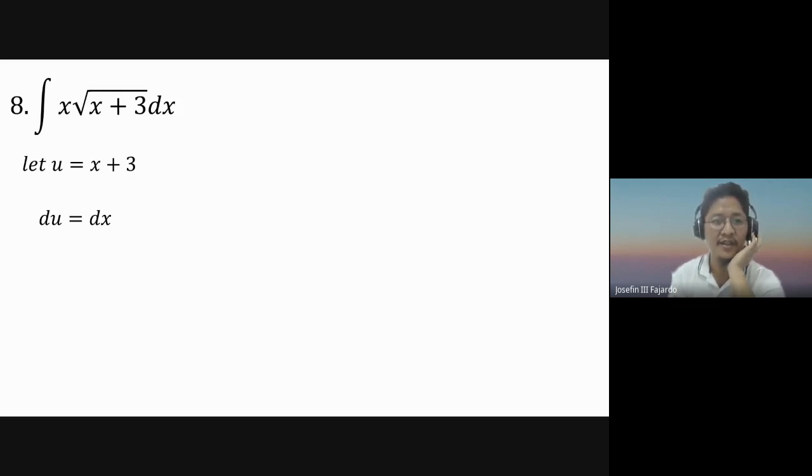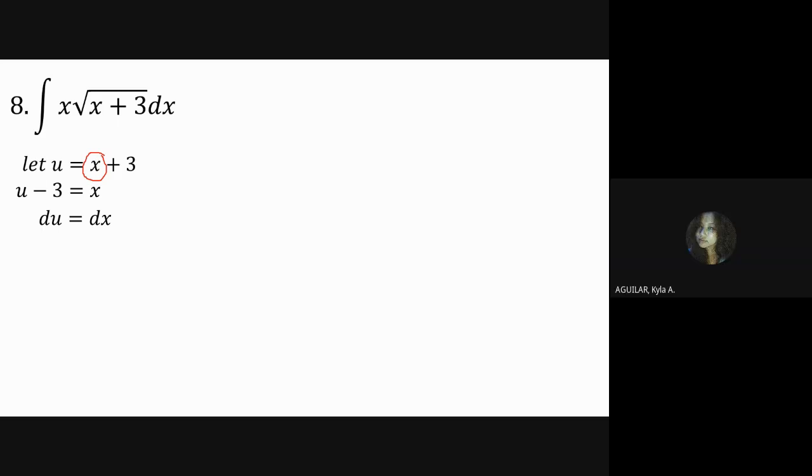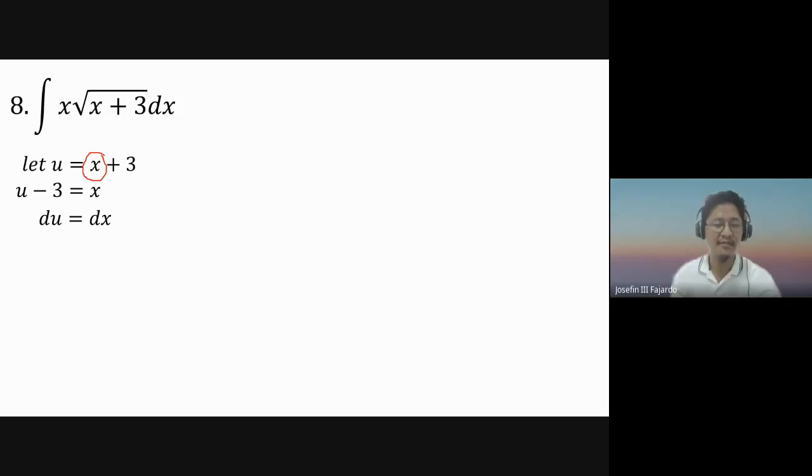So notice, if I have u to be x plus 3, I can solve for x here. If I solve for x here, I just have to subtract both sides by 3, right? So I just subtracted both sides by 3.